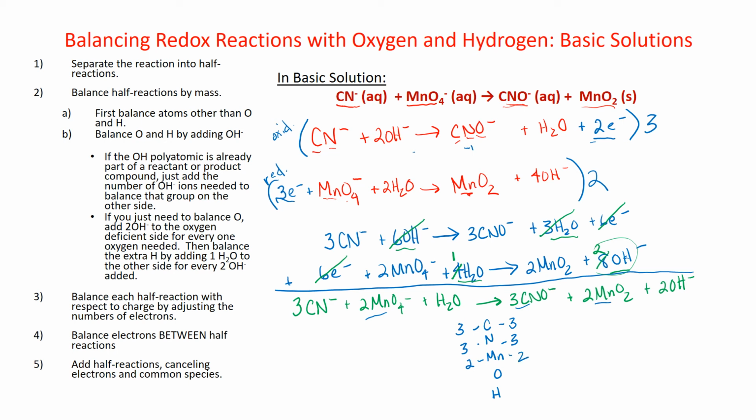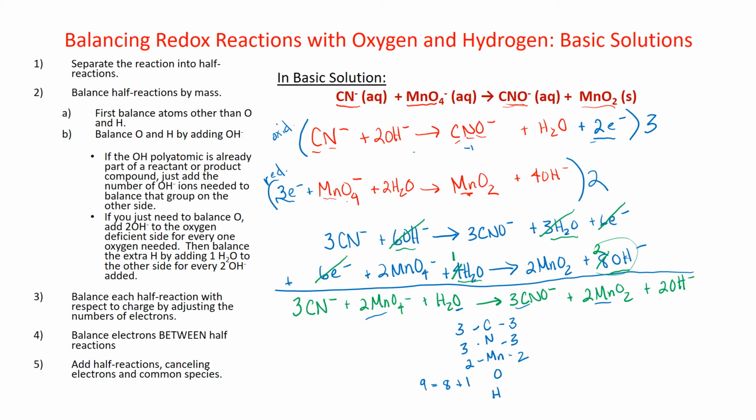Oxygen's a little bit more complicated because it's split, right? So on the left-hand side, I've got 2 permanganates, each with 4 oxygens. So that translates into 8 oxygens for those permanganates. Plus I've got 1 oxygen in that water, so the 8 plus 1. So that actually gives me a total of 9 oxygens on the left.